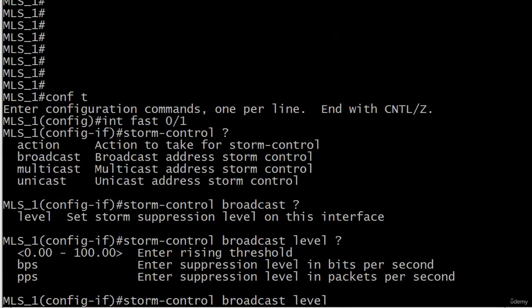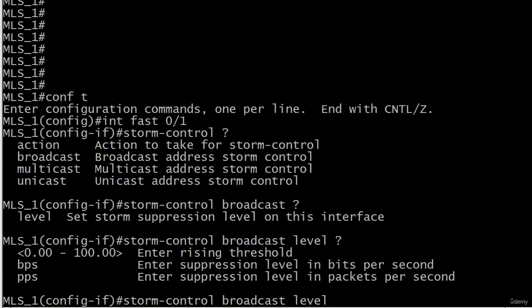And your IOS can differ a little bit here. We definitely are going to see rising threshold, and we're going to see suppression level in packets per second. I haven't seen bits per second on every switch that I've worked with, so you may run into that. Personally, I have always used percentages. If you find packets per second easier to work with, please do. But what I'm going to do is use the percentage from 0 to 100, and I can actually tie that down to 2 decimal points, and enter rising threshold.